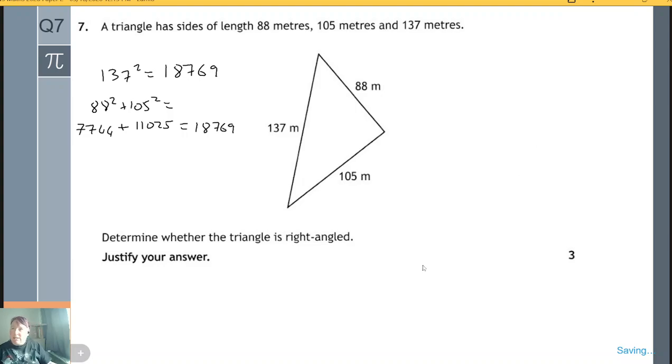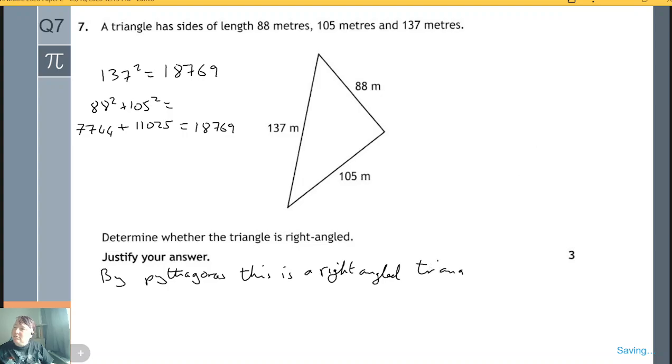You need a sentence. By Pythagoras, or using Pythagoras' theorem if you prefer, this triangle is right angled, or this is a right angled triangle. There we go.